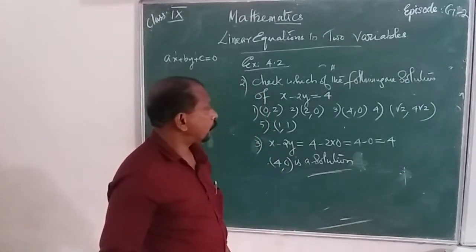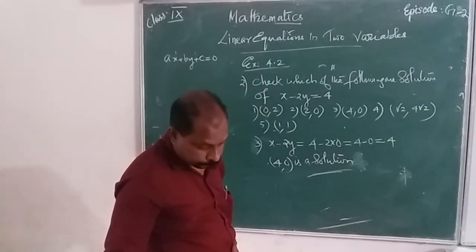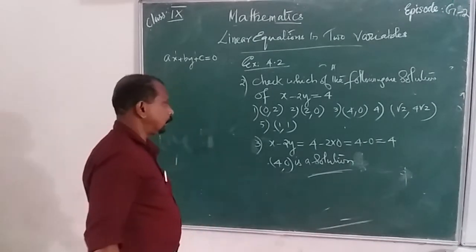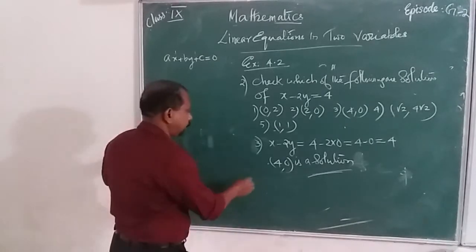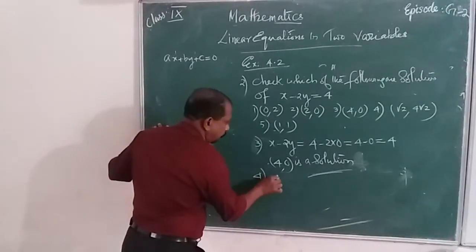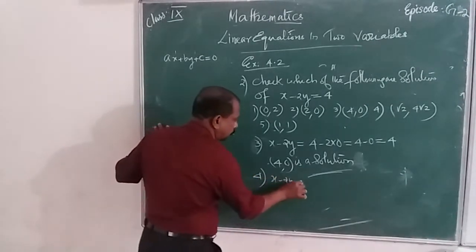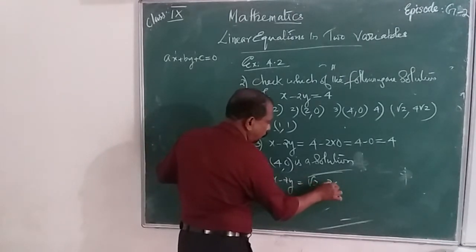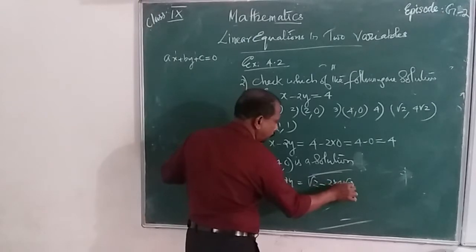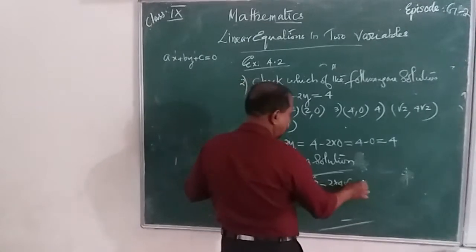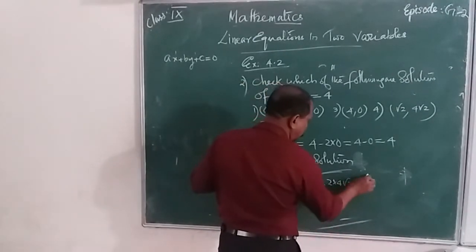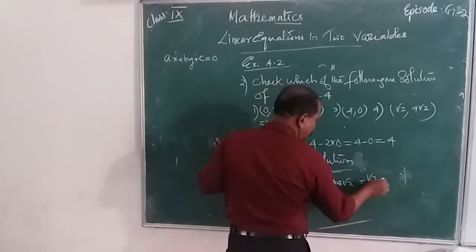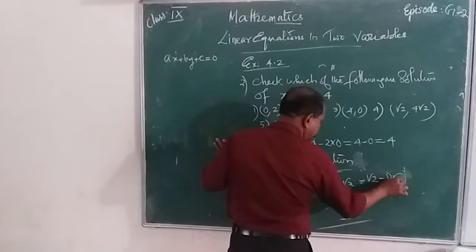The next one, (root 2, 4 root 2). That is the fourth question. x minus 2y is equal to root 2 minus 2 into 4 root 2, is equal to root 2 minus 8 root 2.